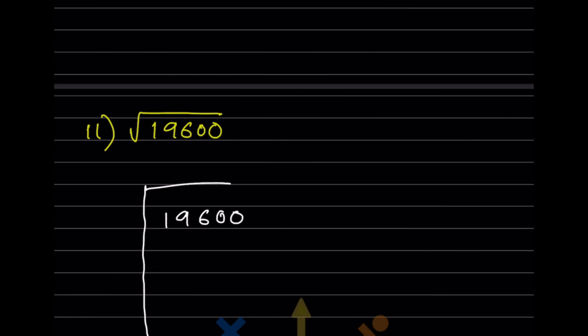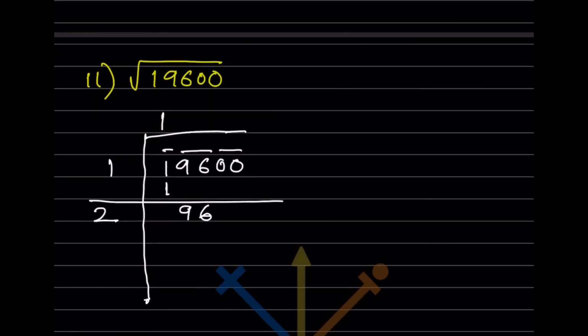Here again you are going to make it into pairs. So here 1 1s is 1. Now let us write initially first this 96. 1 plus 1 is 2. Now this is 6 here.